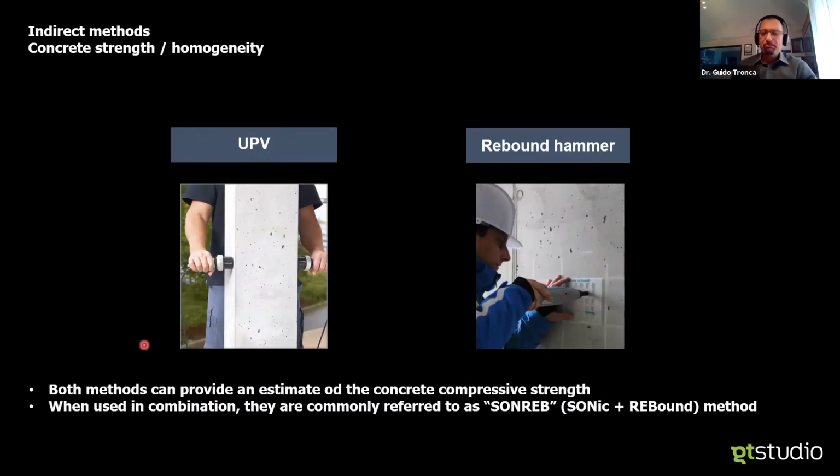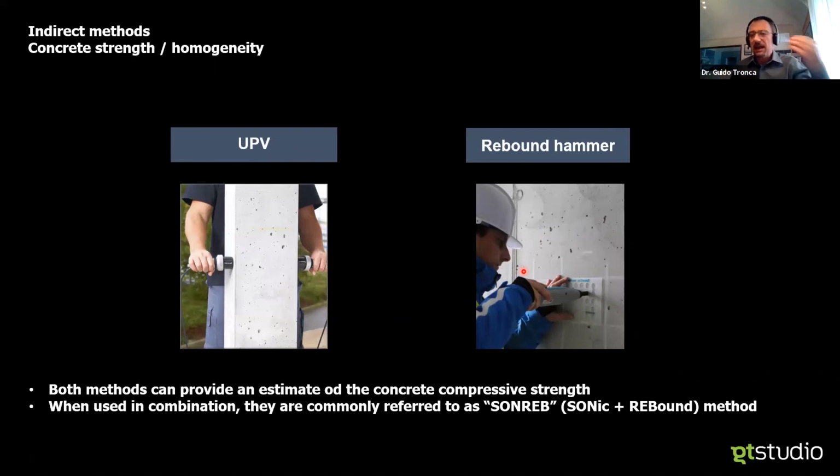Now, both methods can provide an estimate of concrete compressive strength. As a matter of fact, the rebound hammer was the number one methodology for concrete strength in history, dating back to the 60s. When used in combination, they are normally referred to as SONREB, sonic and rebound testing.